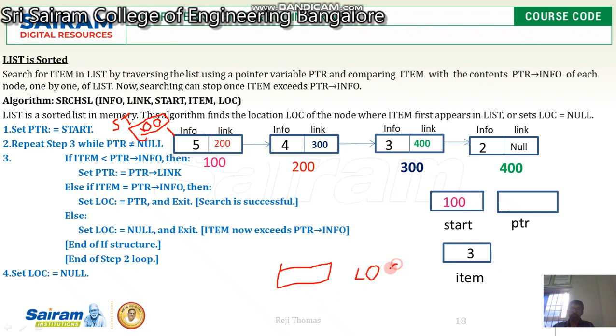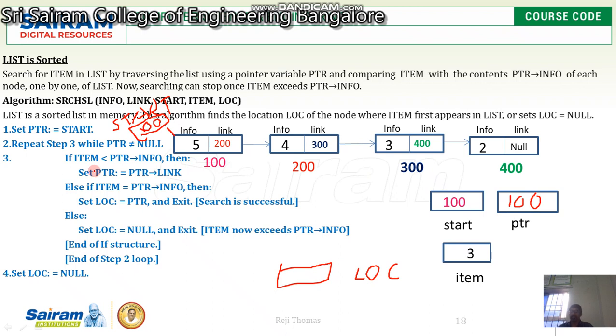Let us see what LOC does at a later stage. Now what it says is PTR is equal to start. Let me write start here. So PTR is equal to start. Now what is PTR? PTR is going to get the address of the starting node. So this is 100 now, right?